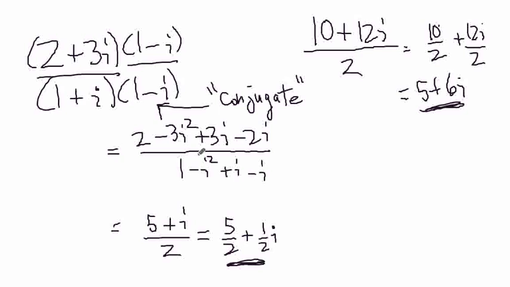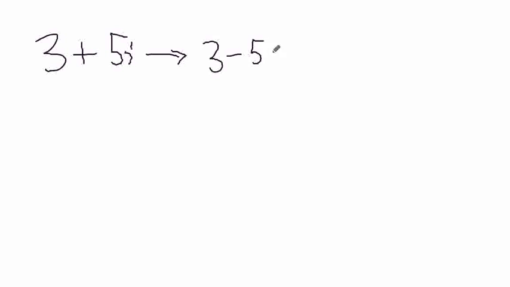All right, so if you multiply the top and bottom by a conjugate, that's the way to do complex number division. All right, let's get some more practice finding conjugates, just so that it's clear that you know what it means. So let's say I had 3 plus 5i. What would be the conjugate of 3 plus 5i? Well, you change the sign of the coefficient of the imaginary part, so 3 minus 5i.